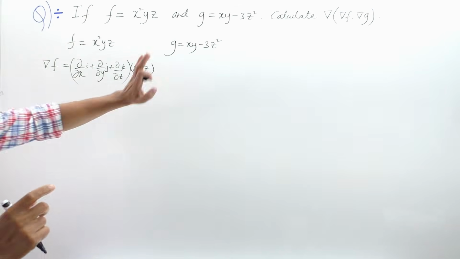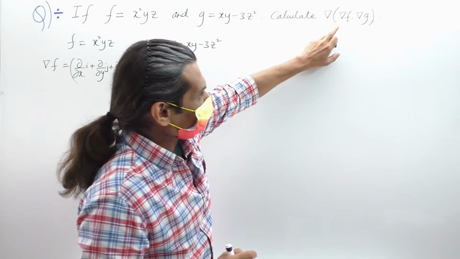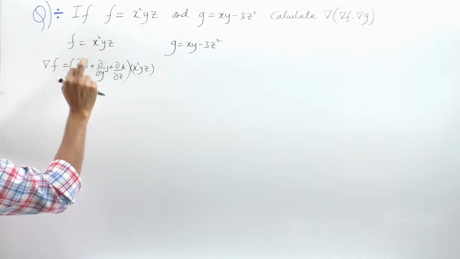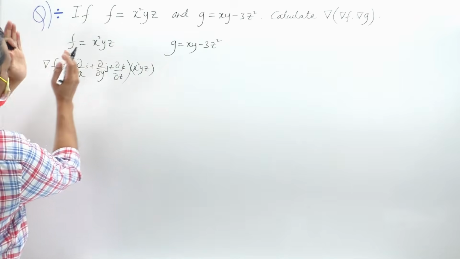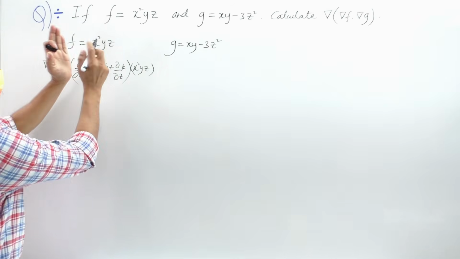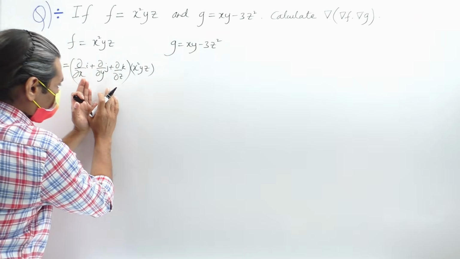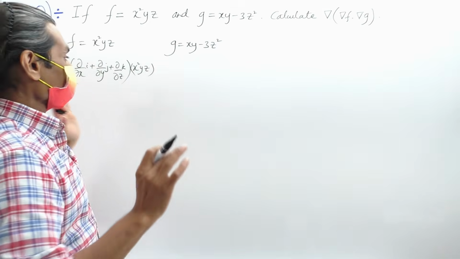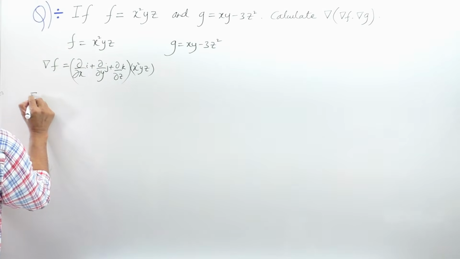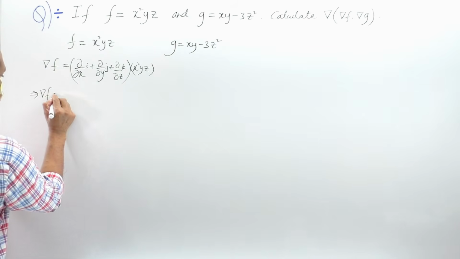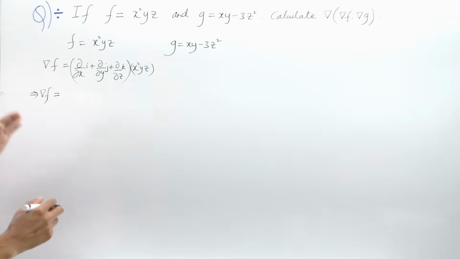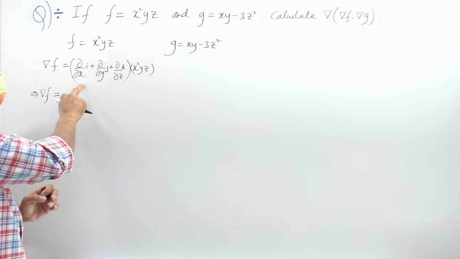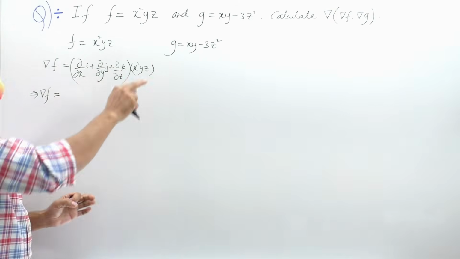Again, one more time, we need to find del f. What is f given? x square yz. Del means dou by dou x of i plus dou by dou y of j plus dou by dou z of k into f, which is x square yz. That implies del of f equals, here this x square yz is differentiated partially with respect to x, y and z separately.